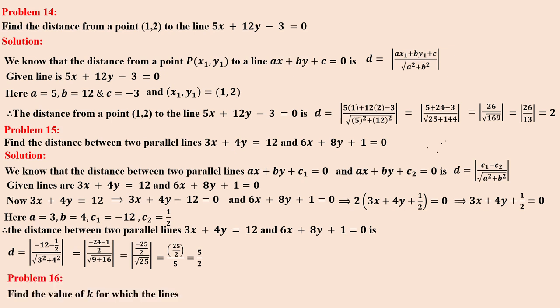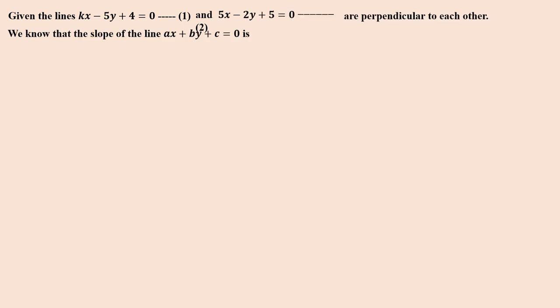Next problem. Find the value of k for which the lines kx - 5y + 4 = 0 and 5x - 2y + 5 = 0 are perpendicular to each other. So given kx - 5y + 4 = 0, first equation, and the second equation, both are perpendicular. That is equation number 1, equation number 2.